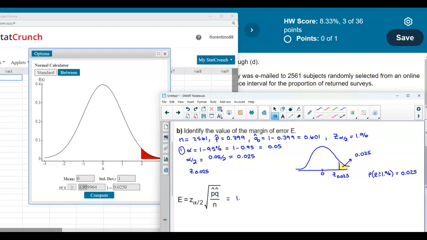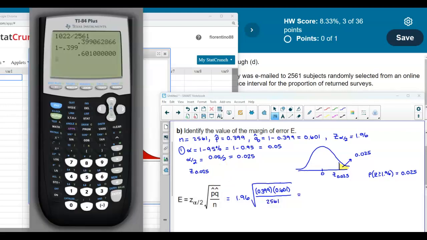So we're going to take 1.96, which represents the critical z value, and then we're going to take 0.399, which is the point estimate, times the complement of the point estimate, and then divide that by the sample size, which is 2,561. And then we're going to round that to 3 decimal places. So inside the radical, we have 0.399 times 0.601.